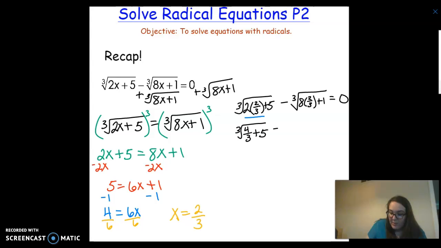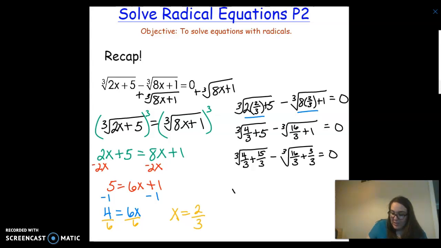I'm also going to do the 8 times 2/3 to get 16 over 3, plus 1 equals 0. If I'm going to add these, I need a common denominator. So the cube root of 4/3 plus 5, putting it over 3, becomes 15/3, minus the cube root of 16 over 3, and 1 becomes 3 over 3.